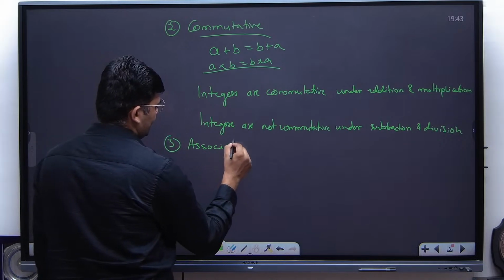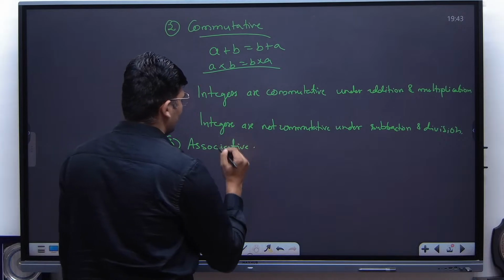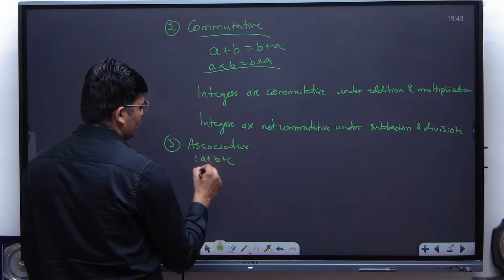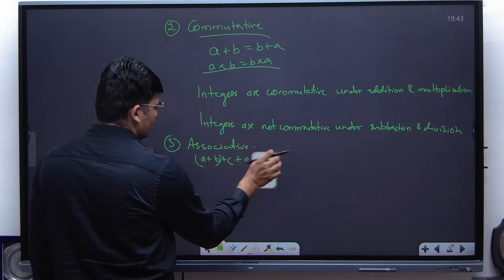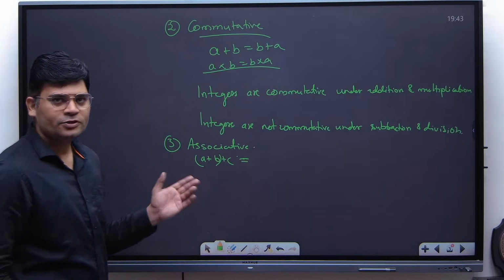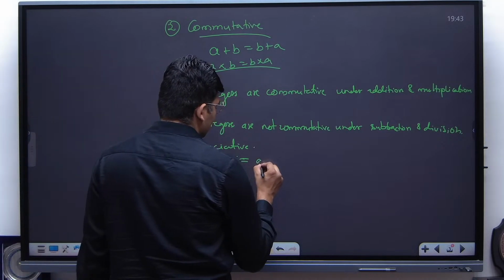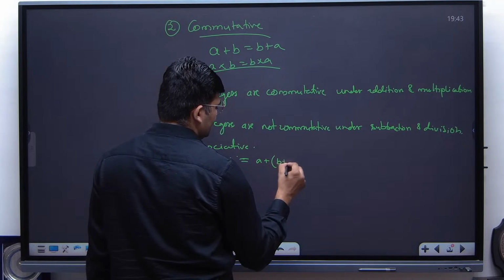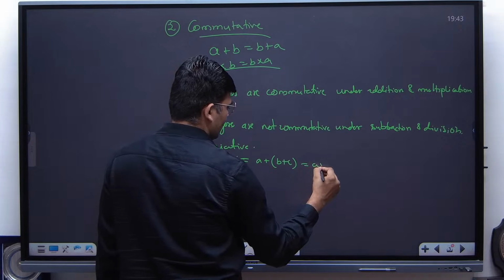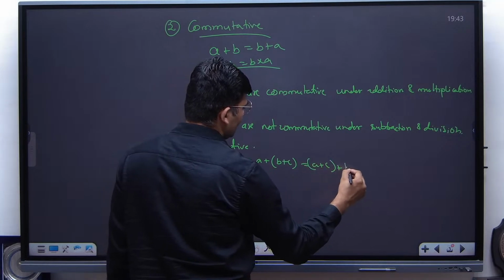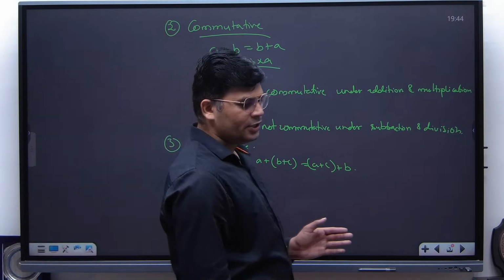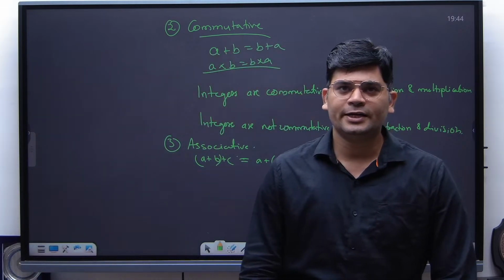Next property is associative. And what does associative say? That you add three numbers in any order. Commutative stands for two numbers, associative stands for three numbers. You add three numbers in any order, its value won't change. That actually means you cannot add three numbers at a time.